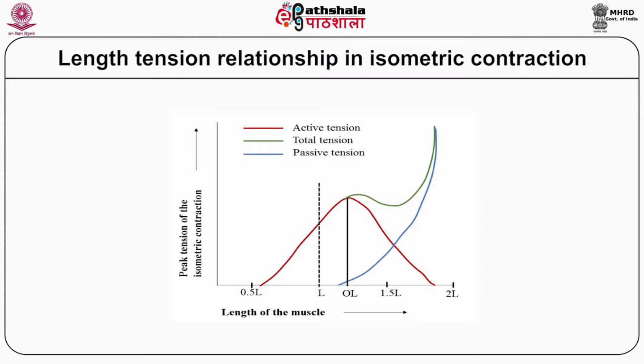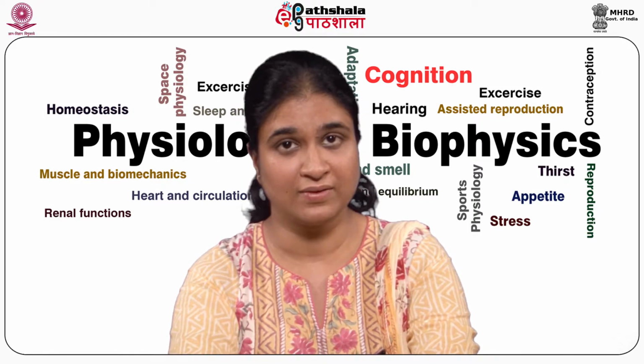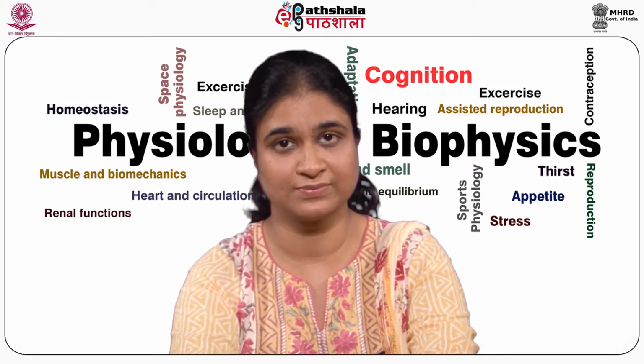With the graded increase in length, active tension rises, as is seen in red, and peaks at the optimal length or OL, and then decreases with further stretching of the muscle. Passive tension, seen in blue, rises once the muscle is stretched beyond its resting length or L, after which it increases exponentially when the muscle is stretched further.